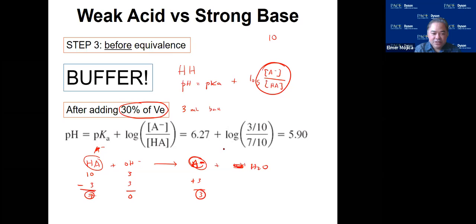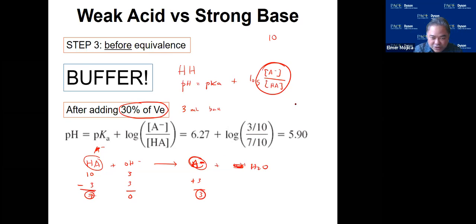Now, since they have the same volume, okay, the way that you look at this, at the end, you utilize 3 out of 10 of the A minus, and then here there's 7 out of 10 from the original one.